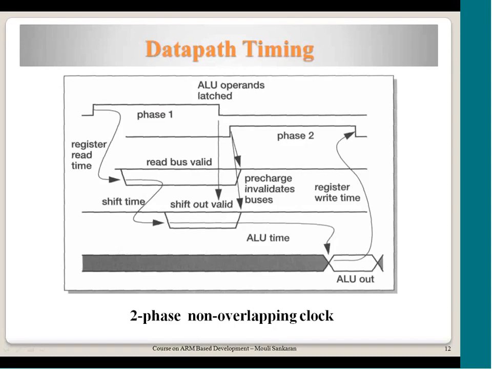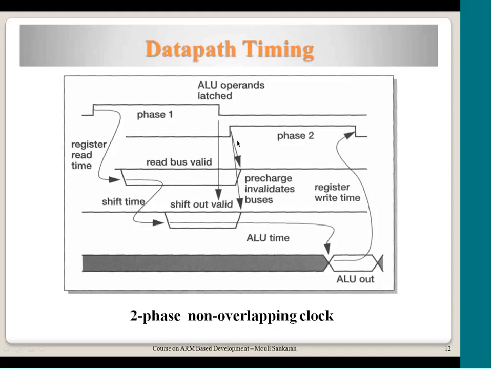So when the signal is high, some part of the circuitry gets activated, and whatever is there on the internal buses gets transferred to the circuitry. It could be a register or it could be the ALU or whatever. And then another set of circuitry in the processor gets activated when this is high. So they are all enabled by this signal.